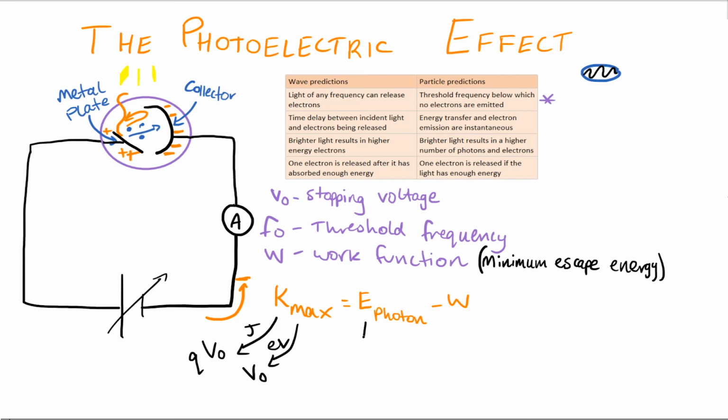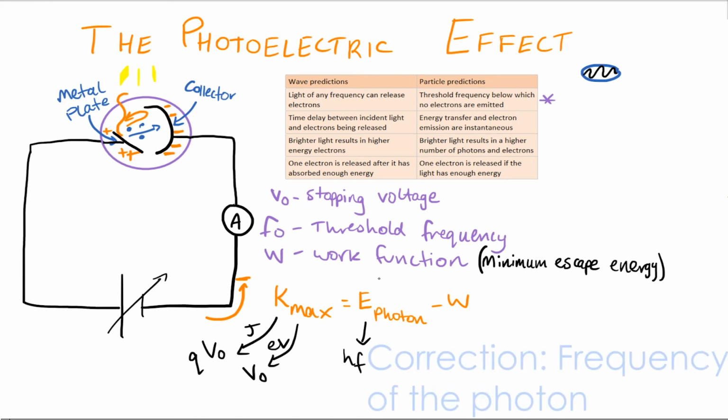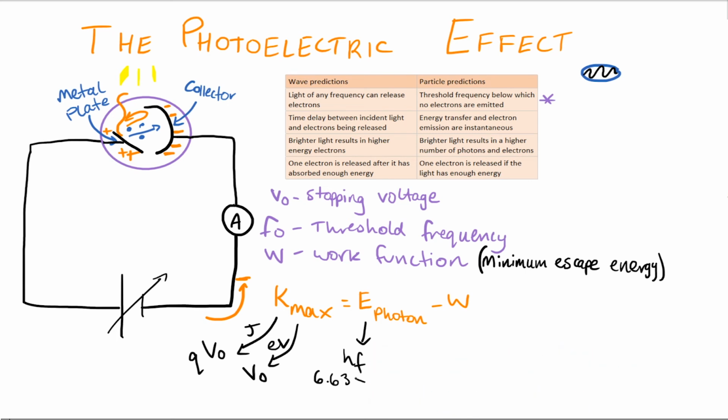Now the energy of a photon is given by hf, or Planck's constant times the frequency of the photon. h is 6.63 times 10 to the minus 34 joule seconds if you're using joules, or 4.14 times 10 to the minus 15 electron volt seconds.